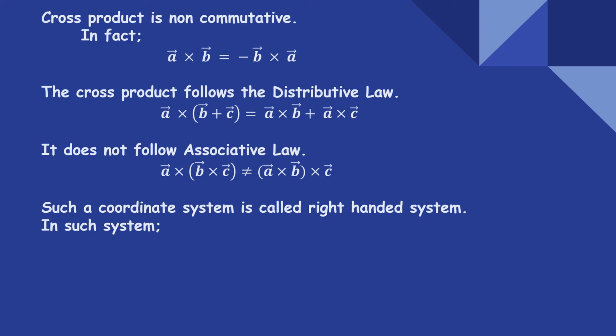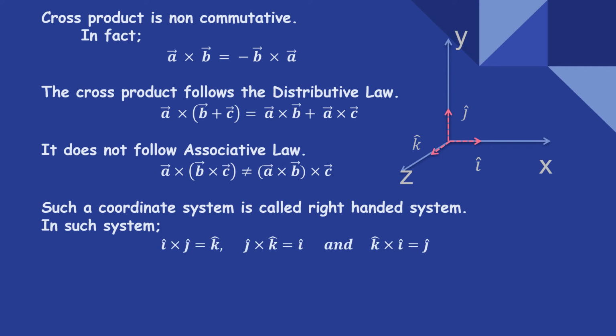There are also right-hand and left-hand coordinate systems. For simple examples, we take the right-hand coordinate system, like this. In this system, the x-axis is on the right-hand side, the y-axis is in the upward direction, and the z-axis is perpendicular to our screen or our page. The unit vectors corresponding to x, y, and z are i, j, and k respectively.